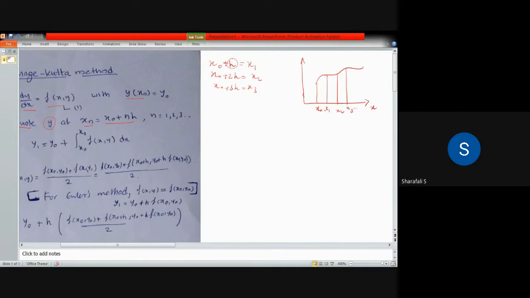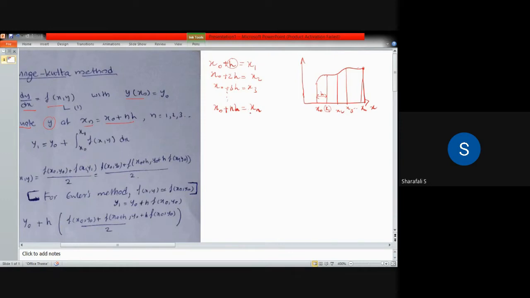To get this x1, you have to add a step of h to this x0. If you want to get xn, that is the final point, it will be somewhere here. If you continue this process, that xn will be x0 plus nh.